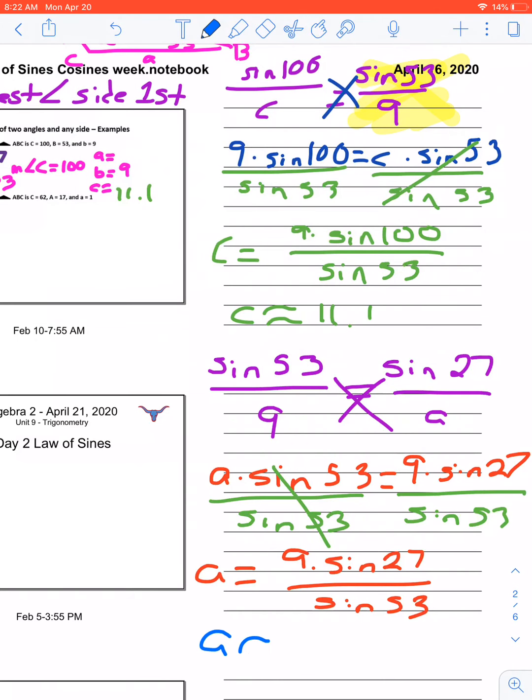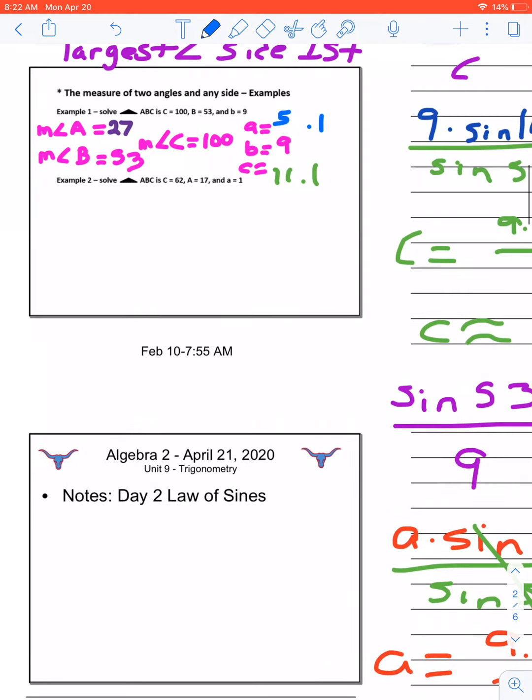Again, when I enter that in my calculator, I'm going to do 9 times sine 27, enter, divide by sine 53, and I end up with 5.1. It's 5.116, but again, we're rounding it to the nearest tenth. So 5.1.